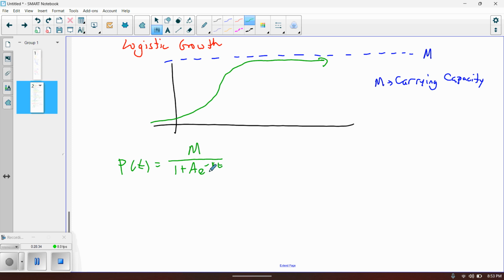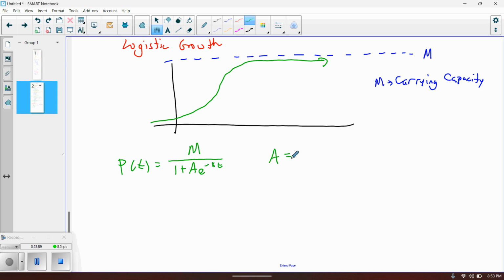K still has to do with your growth rate. Notice, however, that because it is a negative k down there, doesn't mean you're always going to have a negative growth rate. It just means that whatever your growth rate is, it gets multiplied by a negative value. T is still time. So M is your carrying capacity. In some fashion, it's got to tell you what the carrying capacity is.